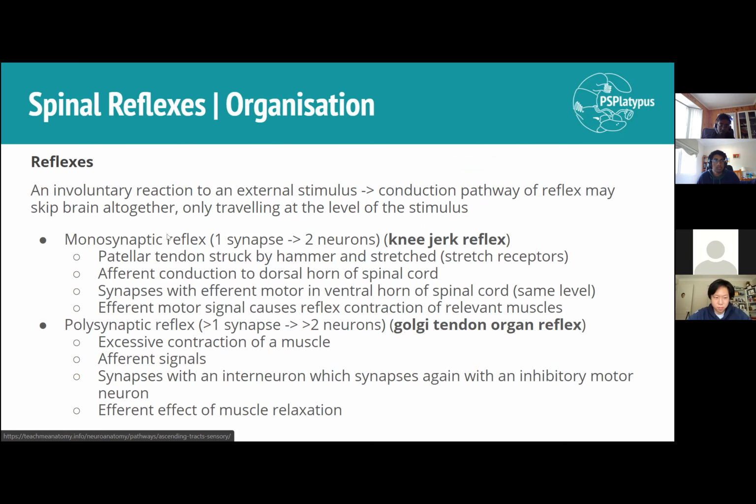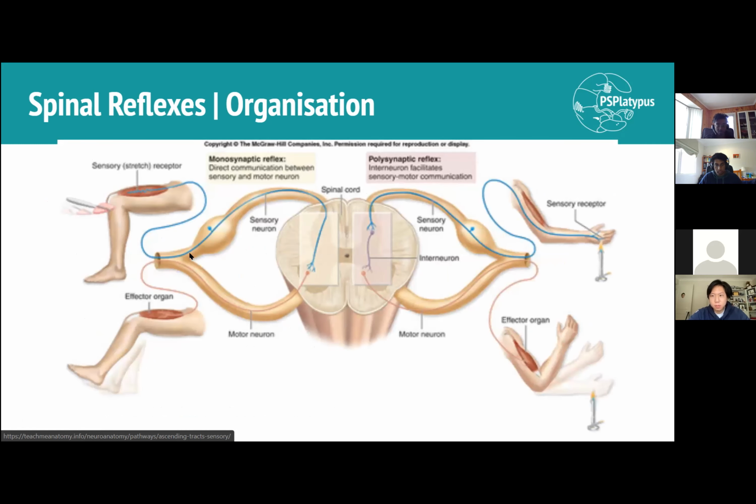It doesn't even go to the brain. It just synapses at the spinal cord, only traveling at the spinal level of the stimulus, and it comes back out and has its effect. So this is a picture which sort of summarizes it. It's just from the receptor up to the same side, and then it connects to either an interneuron or not, and then it comes over.